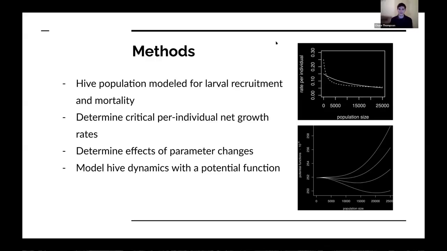And as you can see on the bottom right graph, on the very bottom line, there's a wide basin of sorts. This represents a hive undergoing favorable conditions, where the lines above it are progressively less and less favorable, and it becomes less and less stable.